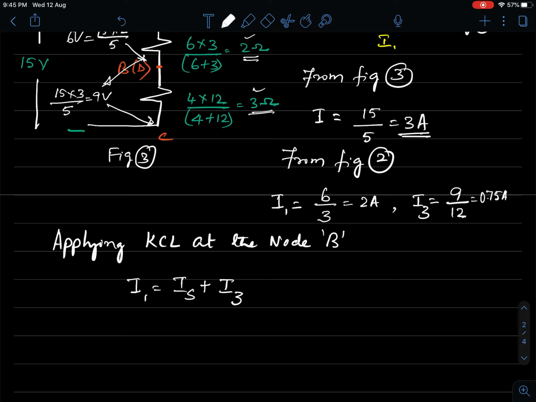They are the leaving currents. Therefore, the current through the switch, which we have designated IS, is simply equal to I1 minus I3.